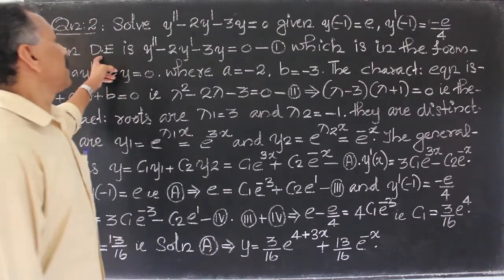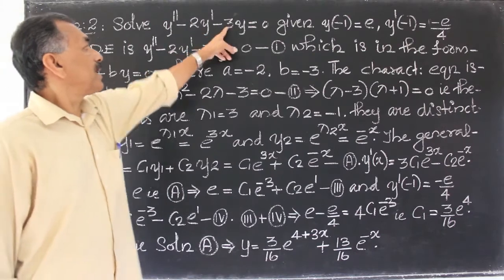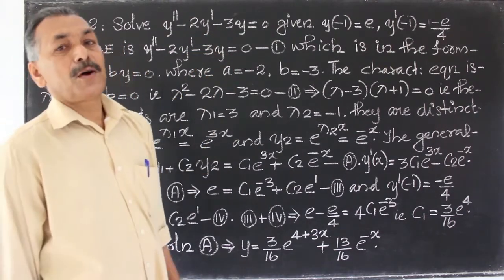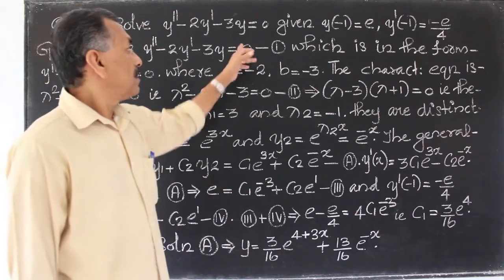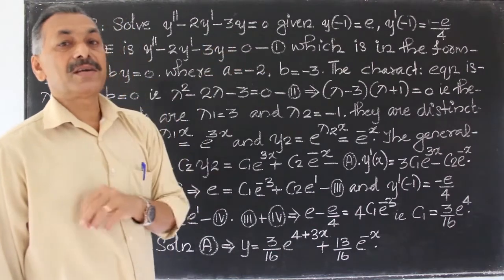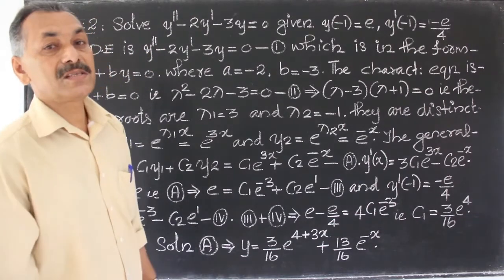The given differential equation is y'' - 2y' - 3y = 0. What is the property of this equation? It is a second order homogeneous linear ordinary differential equation with constant coefficients. The coefficients of y'', y' and y are constants.